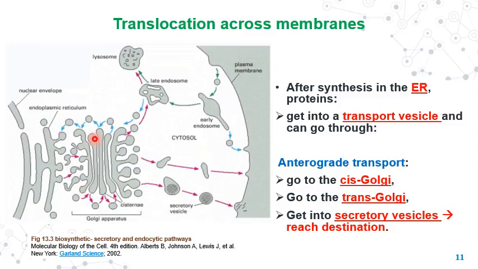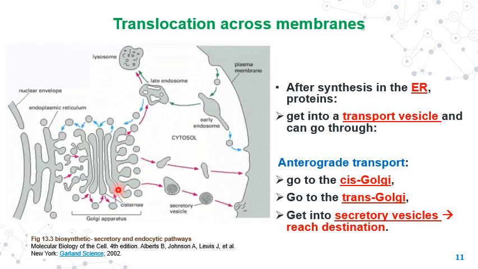The part of the Golgi that is closest to the ER, you call this cis Golgi. The part of the Golgi that is further away from the ER and is closest to the cell membrane, you call this the trans Golgi.